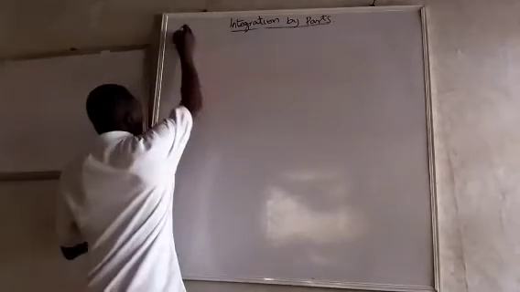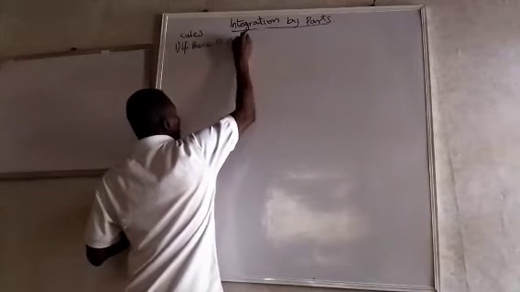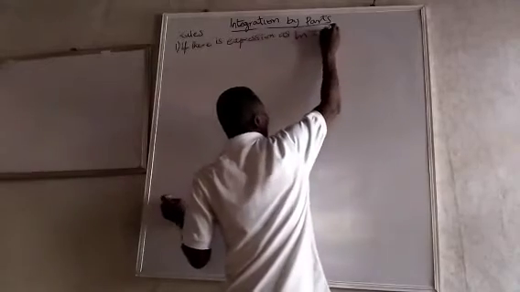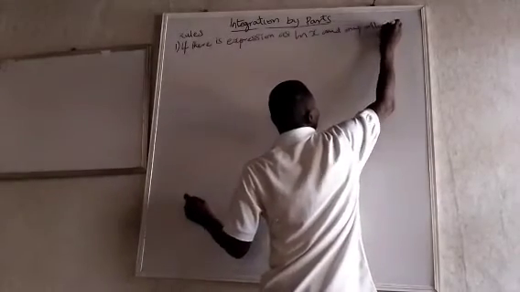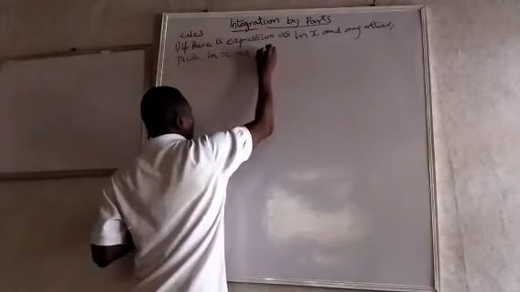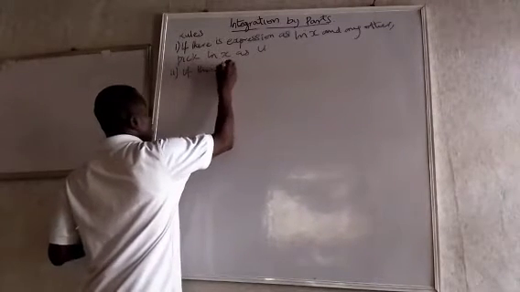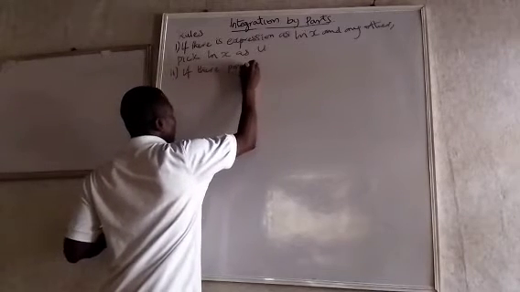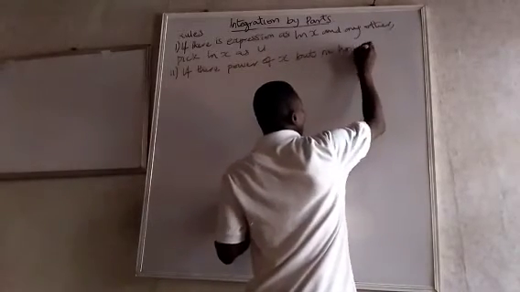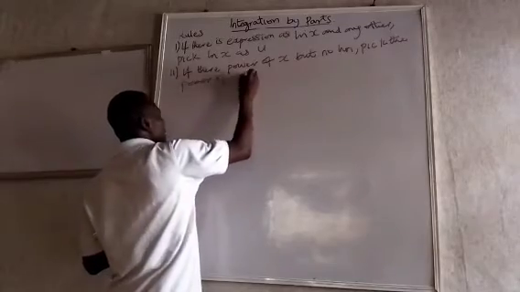So, the rules. 1: if there is an expression with ln x and any other, pick ln x as u. 2: if there is a power of x but no ln, pick the power of x as u.